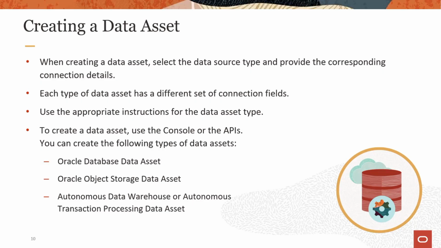To create a data asset, you have the option to use either the console or the APIs. You can create data assets of types like Oracle Database, Oracle Object Storage, Autonomous Data Warehouse, or Autonomous Transaction Processing data asset as well.